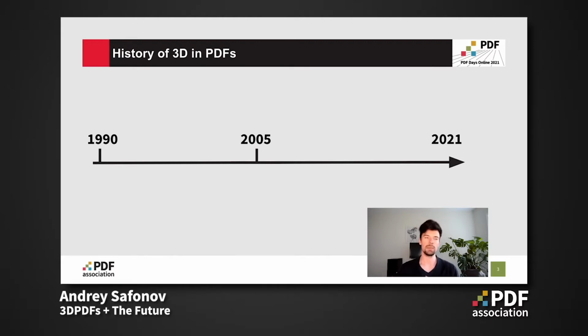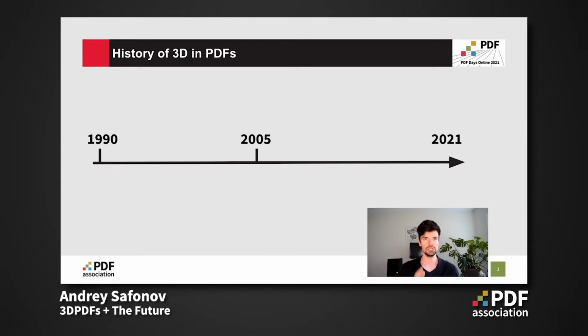Stepping all the way back to 1990, the Portable Document Format was created in the early 1990s. PDFs were then rapidly adopted in all of the different verticals and use cases, including manufacturing, construction, and industrial applications.